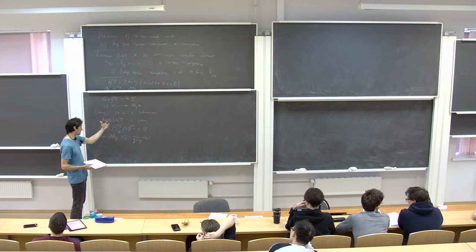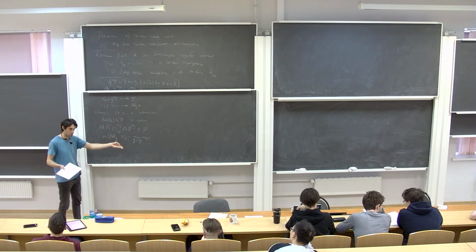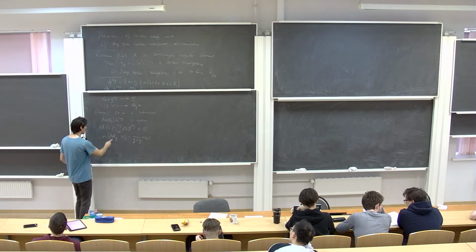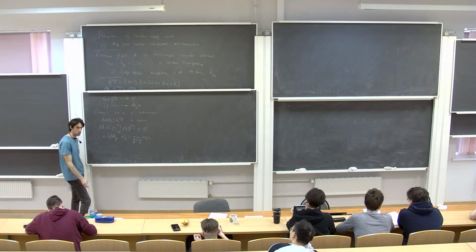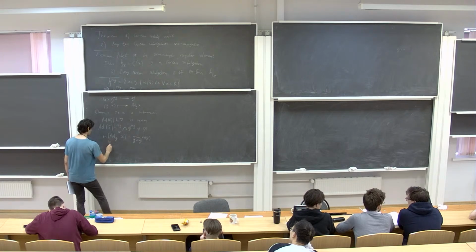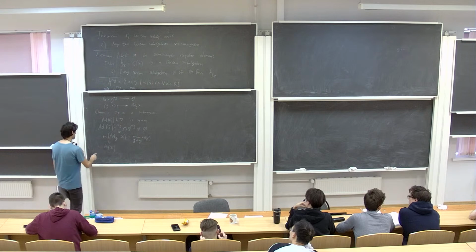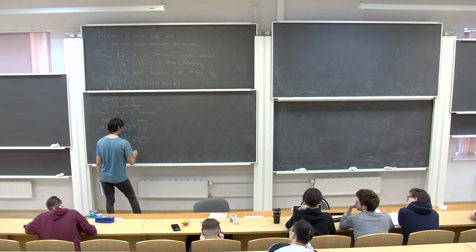So let's take some element from here. So this element, it is regular. So by definition, the nullity of this element is minimal possible. But at G is an automorphism of Lie algebras. So therefore, the nullity of at G is the same as the nullity of at X. So therefore, X is regular, right?